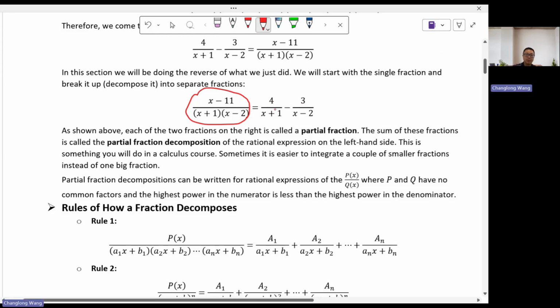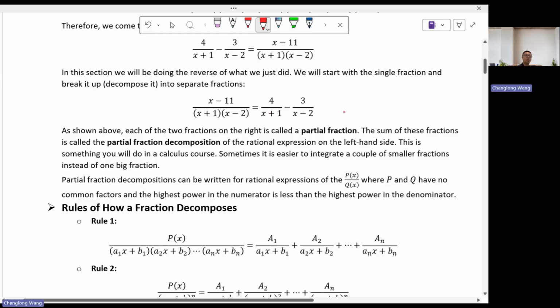The things on the right are known as partial fractions because they are part of the original single fraction. And also, do you see that they're supposed to be simpler, in that they have lower degrees in the denominator?